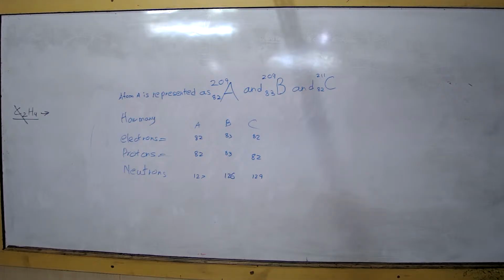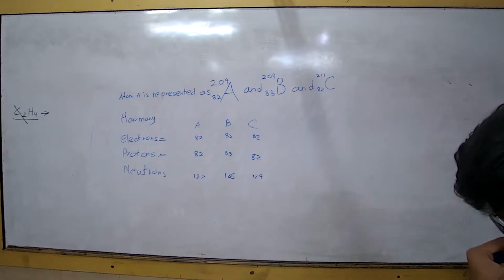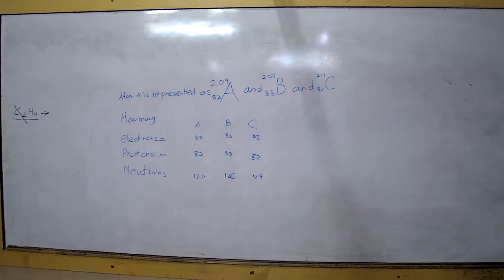A and C have the same atomic number, so they are isotopes, the atoms of the same element.